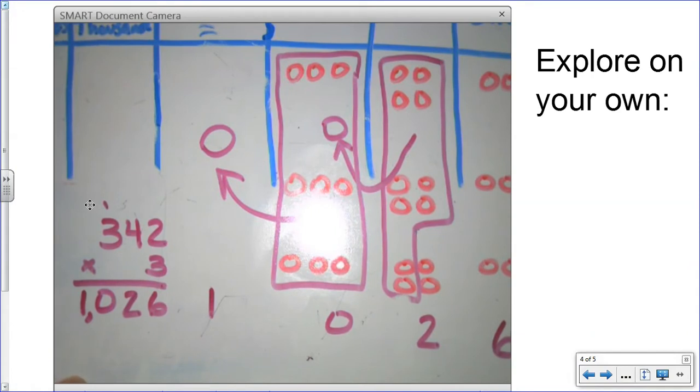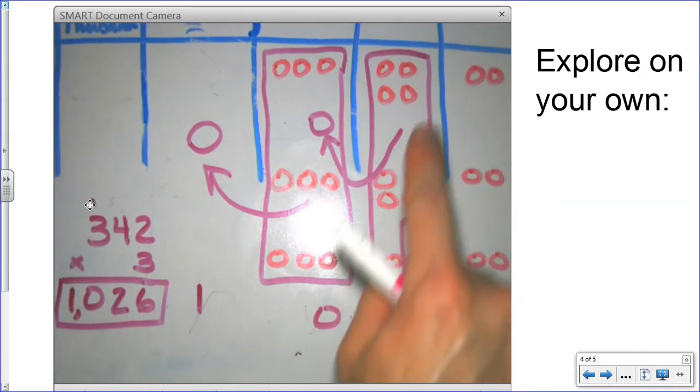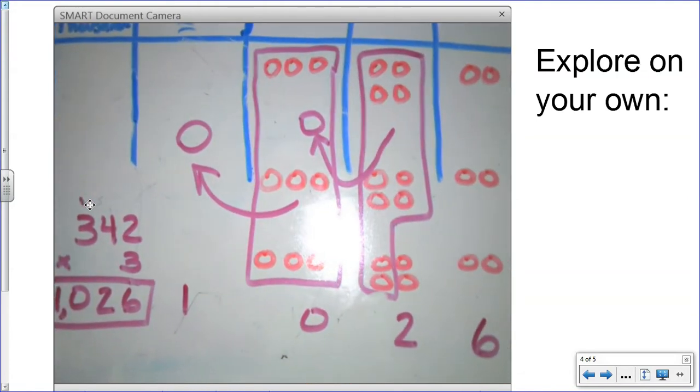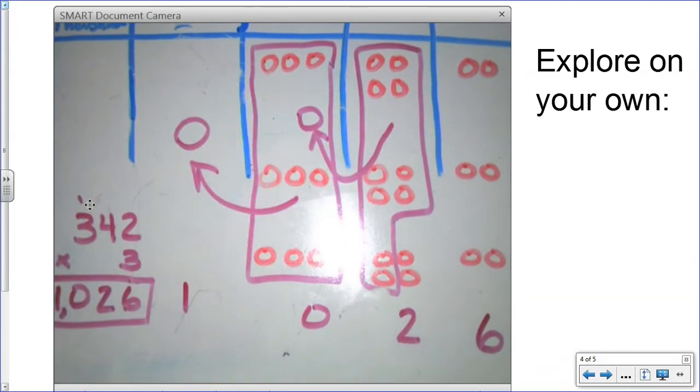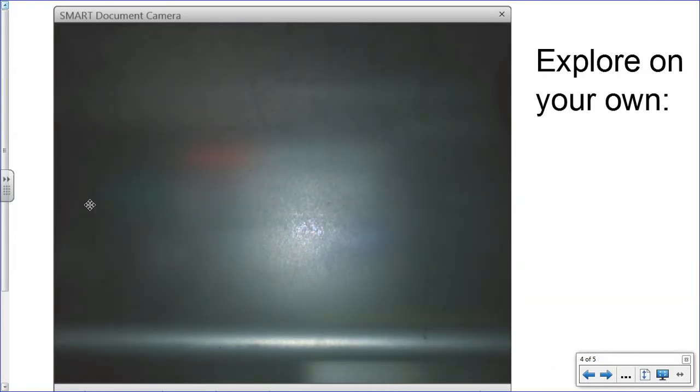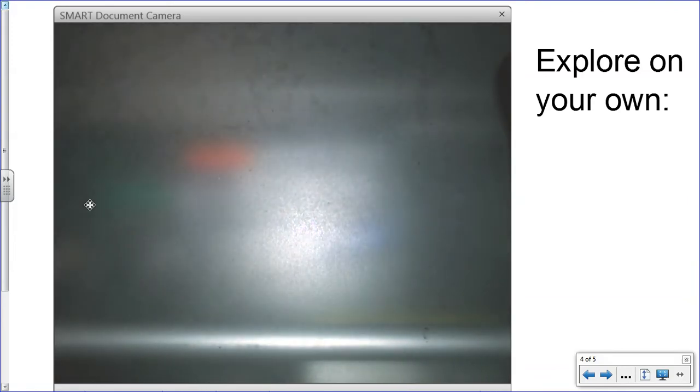So my final answer is 1,026 if I'm following my algorithm or if I'm using my chips and showing all the regrouping steps that are actually happening in my number. Today, we're going to see a lot more of these regrouping steps in the middle of our number. Let's do a few examples together.